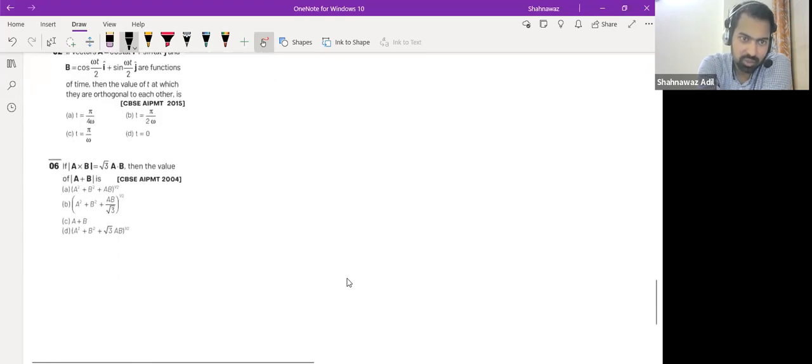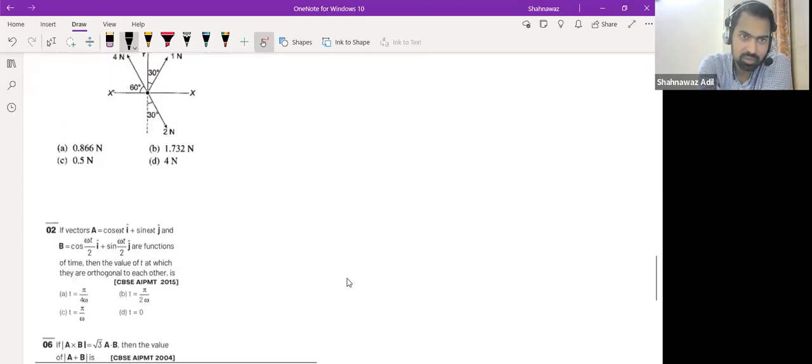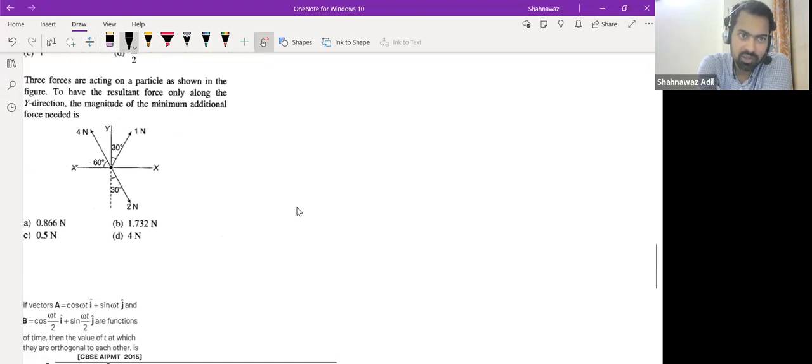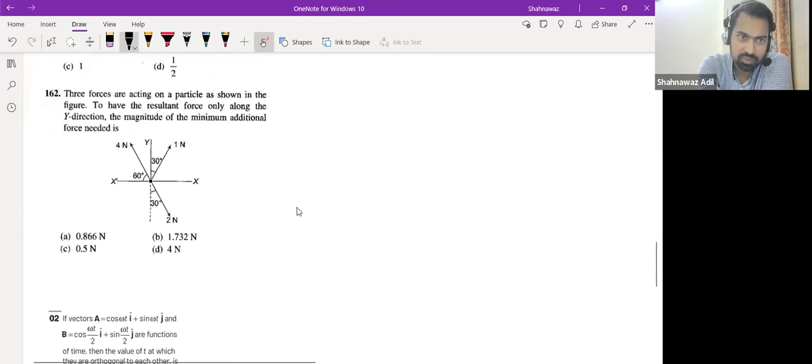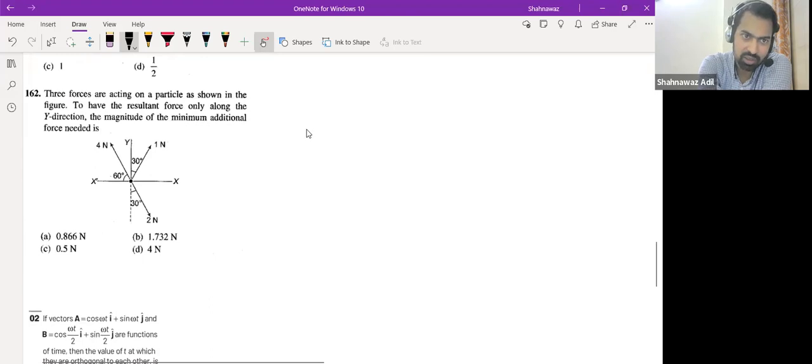Right, so this part. Three forces are acting on a particle as shown in the figure. To have the resultant force only along the y direction, the magnitude of the minimum additional force is, right?